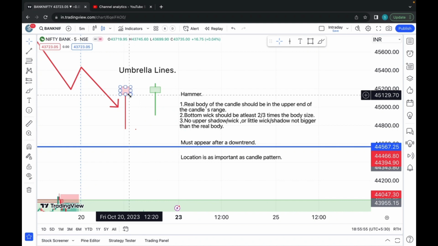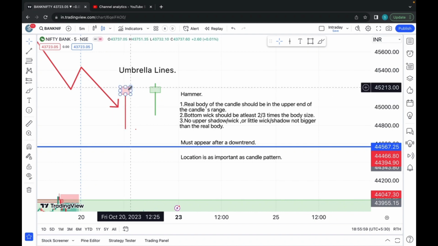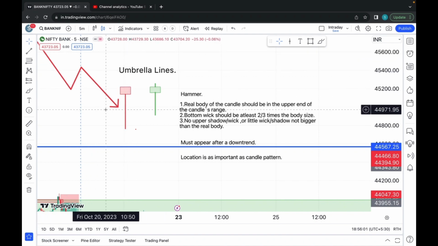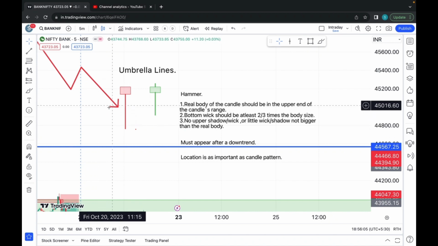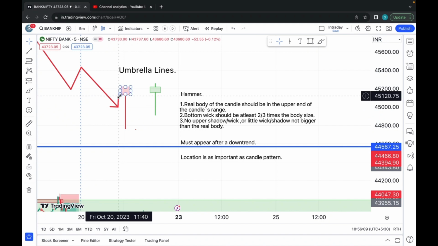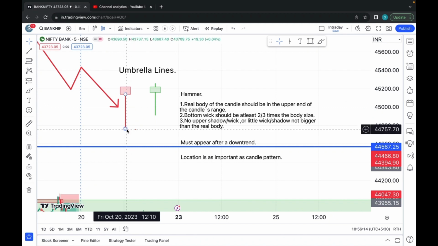Okay, so you should be calling this umbrella line a hammer only if it is coming after a downtrend. And the entry with this candle will be towards the completion of the candle pattern, and your stop loss would be the bottom line of this.